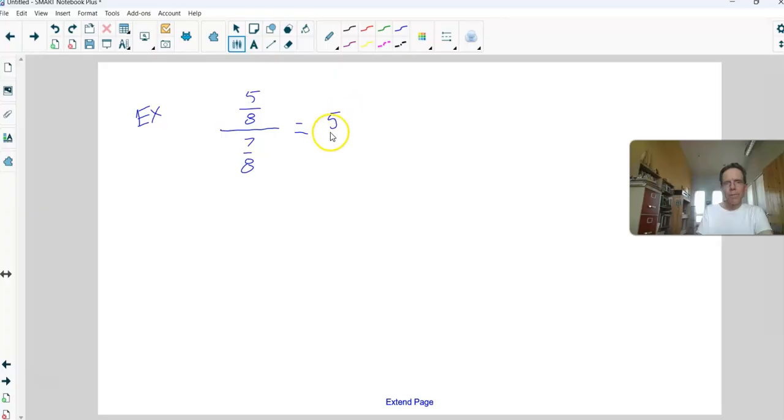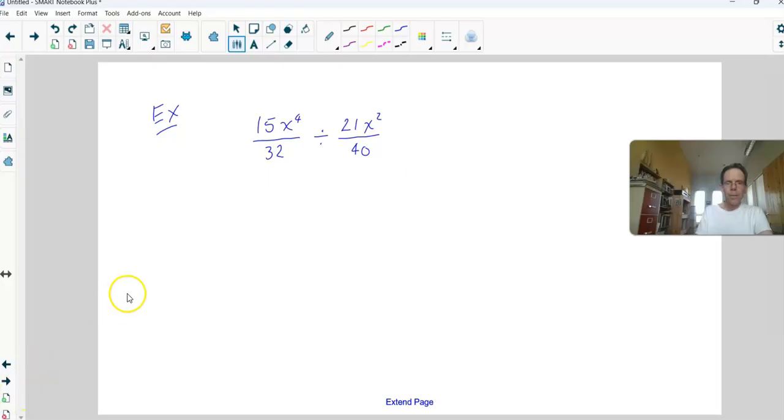We wrote it as 5/8 divided by 7/8. Then we would be multiplying by the reciprocal. Now we can clearly see we've got an 8 over 8. Those cancel, leaving 5/7. Okay. So we could have just said, those 8s cancel, and we have 5/7. Either way you do it, you'll get to the right place.